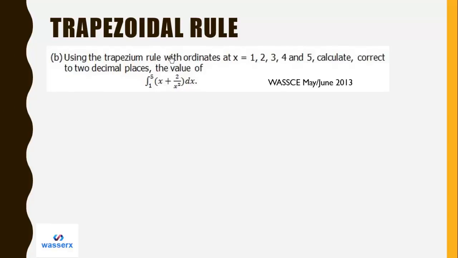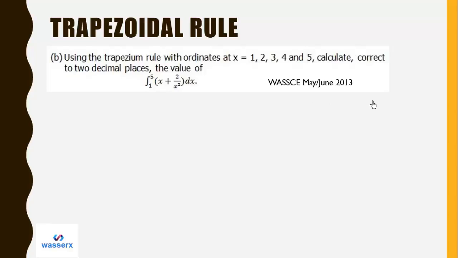Using the trapezium rule with ordinates at x equal 1, 2, 3, 4, and 5. So we have 5 x values, so we are going to get 4 sub-intervals. Calculate correct to 2 decimal places the value of this.